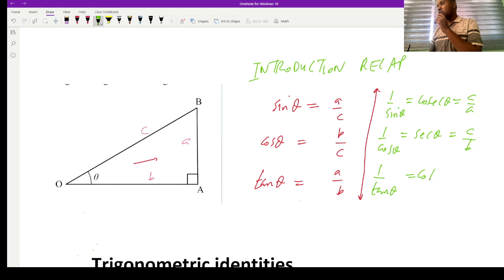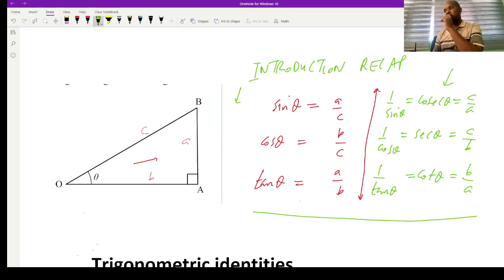So this is cot theta, and it's going to be B over A. So we have seen that these are the basic trigonometric ratios, and for the reciprocals we have seen the names corresponding to them.